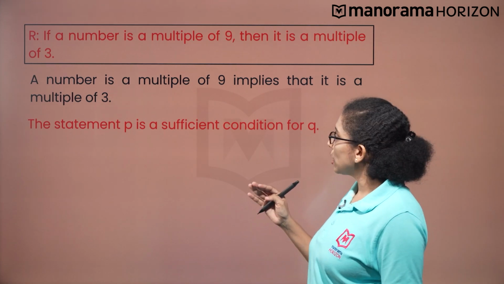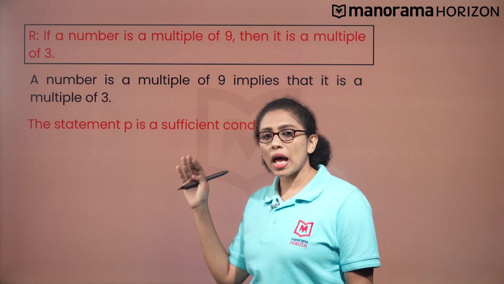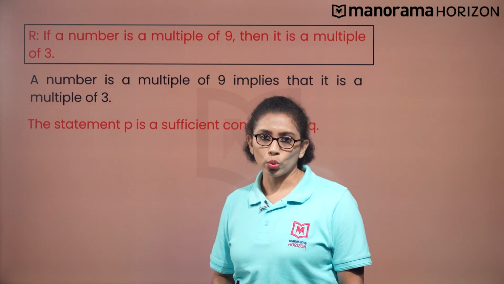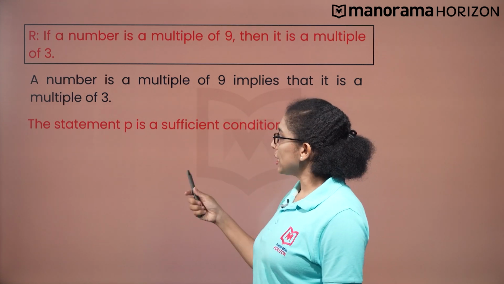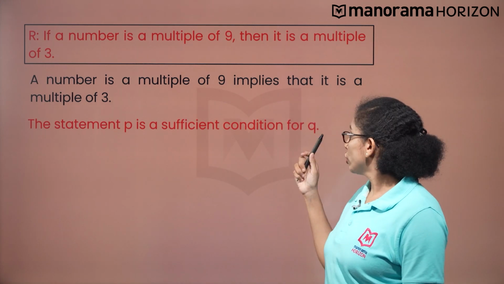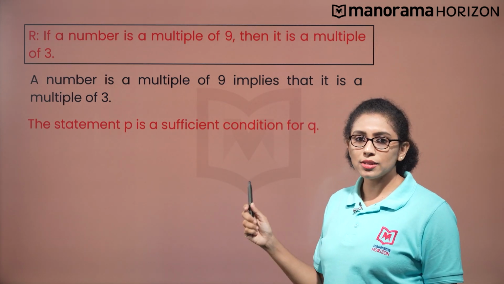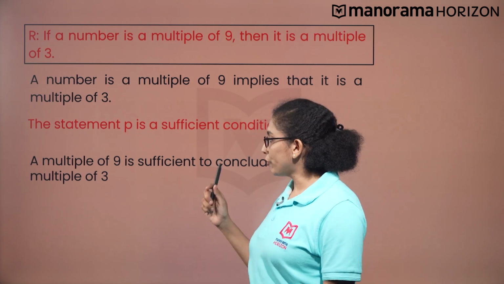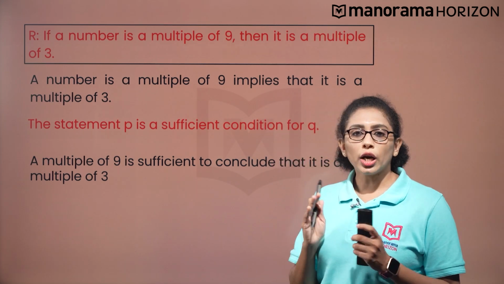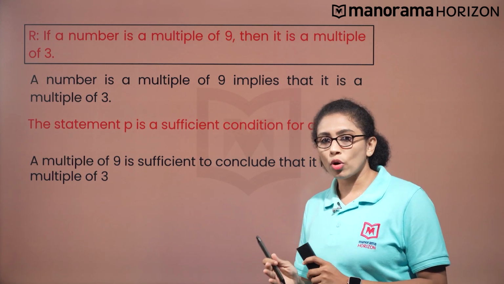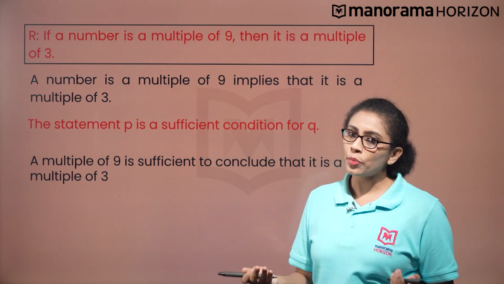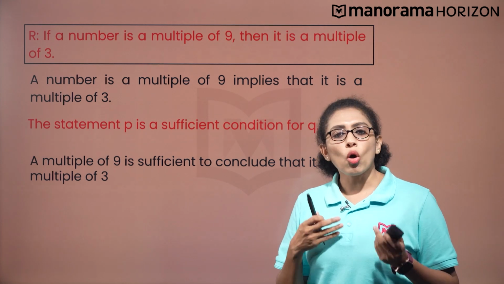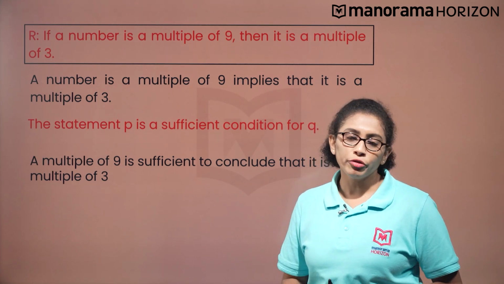That is, the statement P implies statement Q. Then statement P is a sufficient condition for Q. That is, the statement a number is a multiple of 9 is sufficient to conclude that it is a multiple of 3, because we know any number that is a multiple of 9 would always be a multiple of 3.